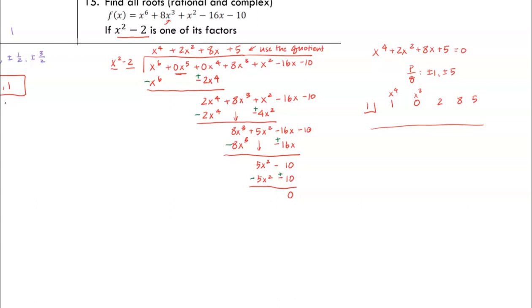I don't think a 1 is, I'm going to try a negative 1. Negative 1, 1, negative 1, negative 1, 1. That's going to be a 3, negative 3, 5, negative 5. It worked.